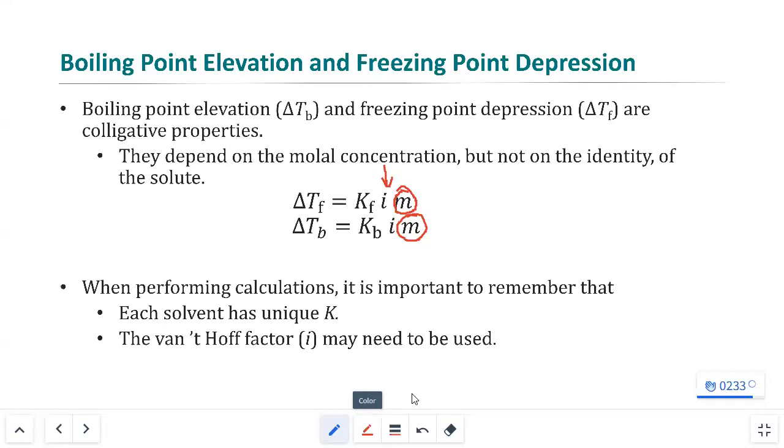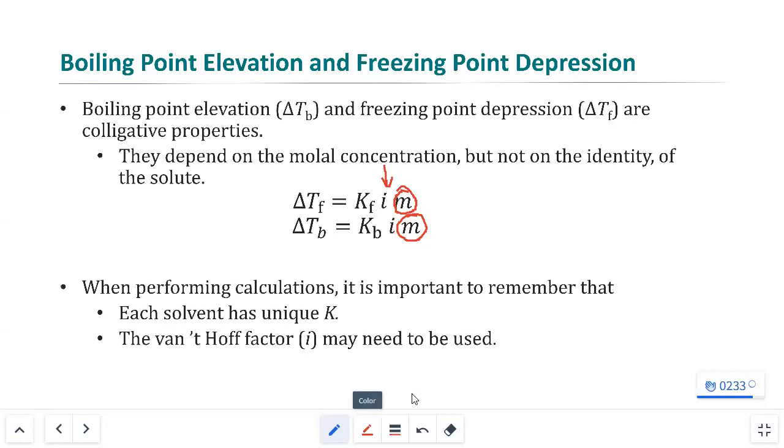K is a stand-in for pretty much any constant that we have. And so the constants here, Kf and Kb, refer to specific values associated with the solvent itself. And the values of Kf and Kb have a lot to do with what the intermolecular forces are inside of those solvents.